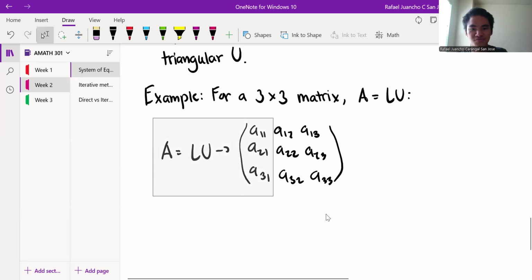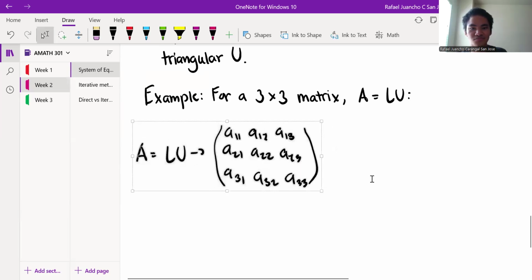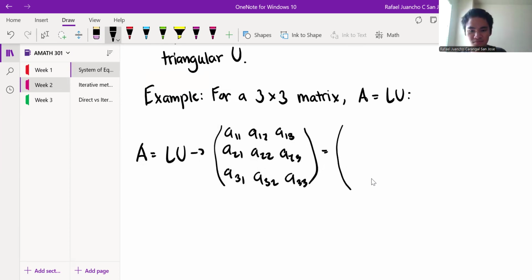This is equal to our lower triangular matrix. So these are 1, 1, 1. And then we have some values here: M21, M31, M32. Then these are zeros.